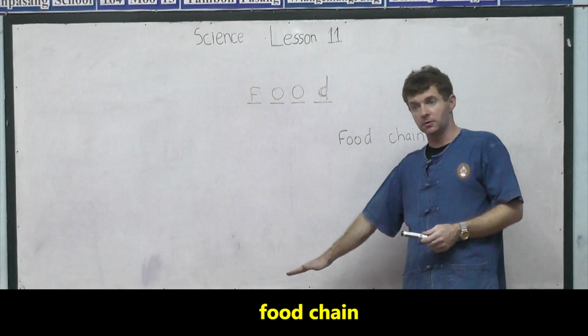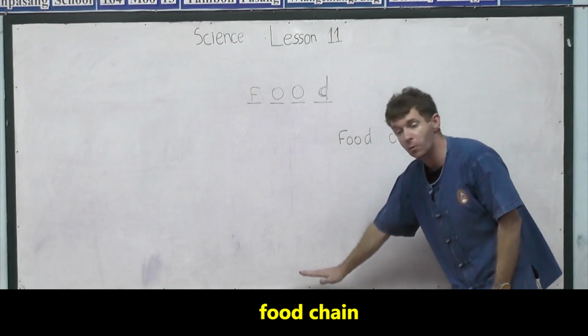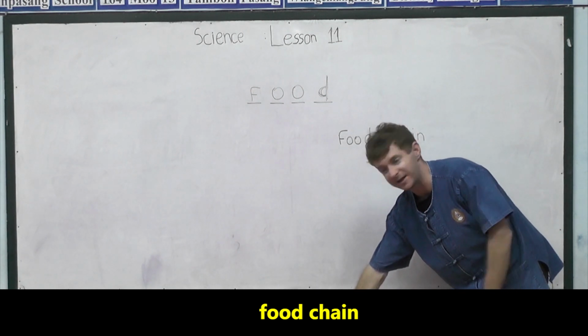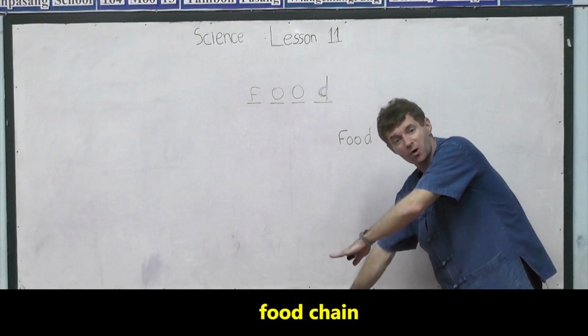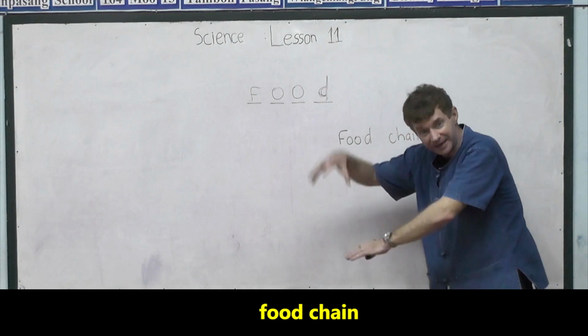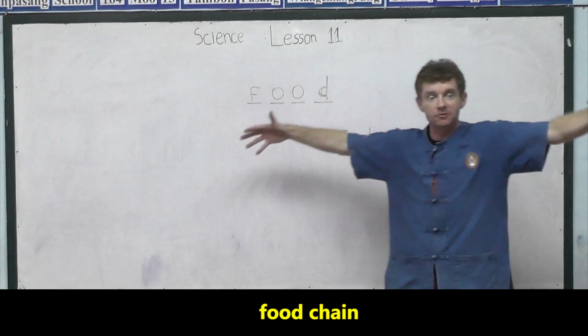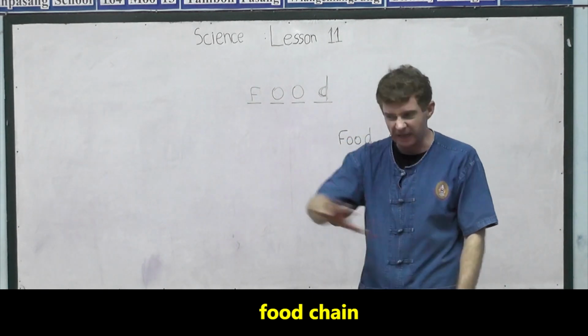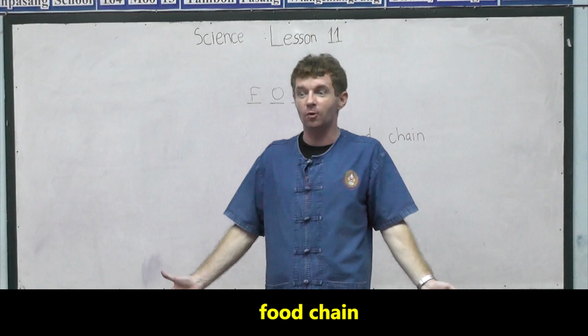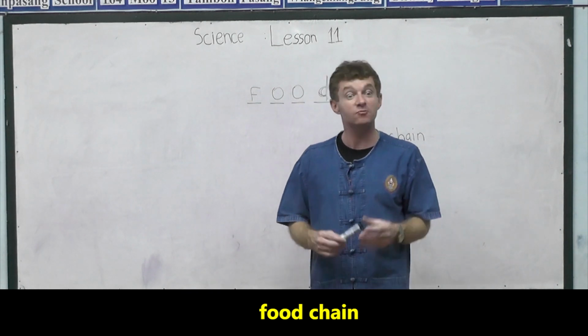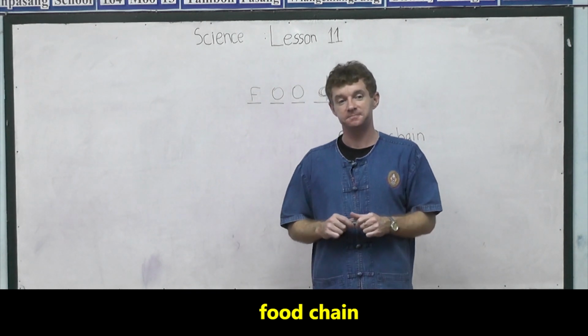It's when animals eat each other, but we start with the smallest animals, and they will eat the next smallest animals. And then it gets bigger until the biggest animals in the world, they can eat whatever they like because nobody can stop them. That's what we call the food chain.